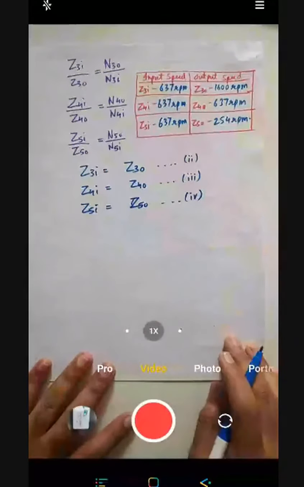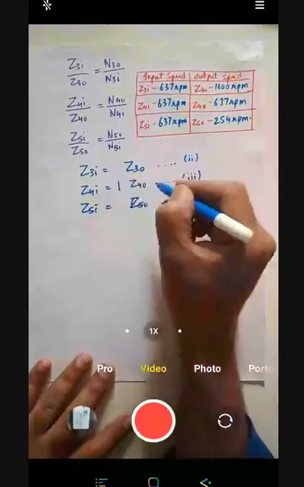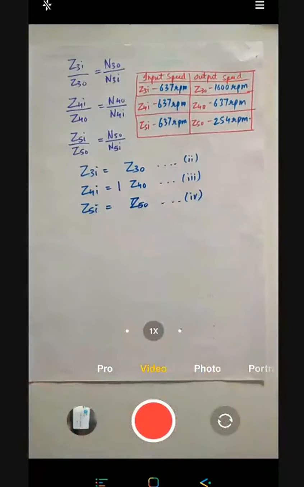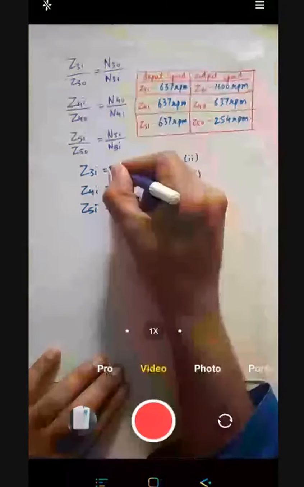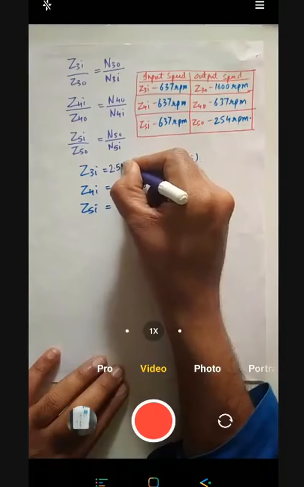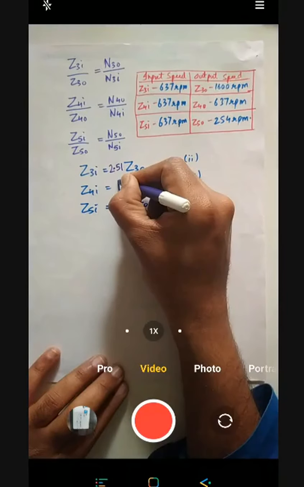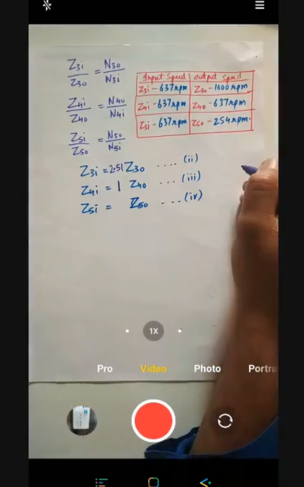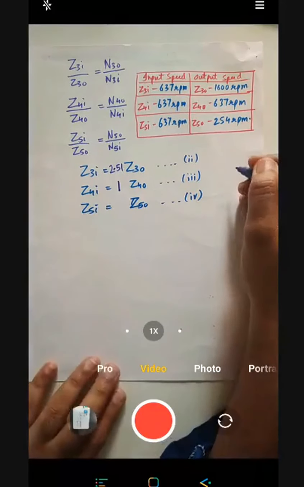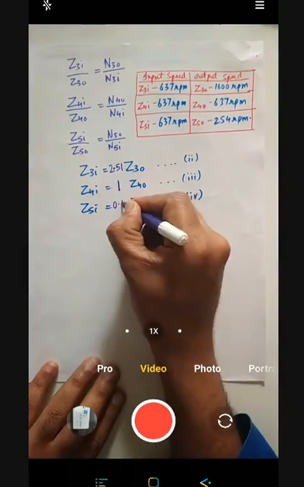ये आंसर्स बताइए मुझे. This will be 1. I want this 2. Then we will substitute 2, 3, 4 in equation number 1. And then I equal to 2.51. This is 1. और हाँ, and next is 0.40.